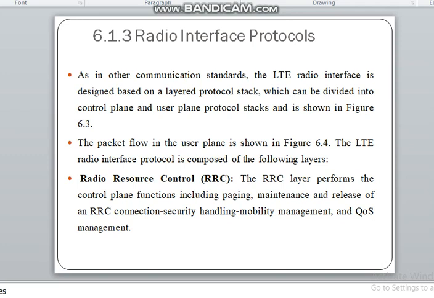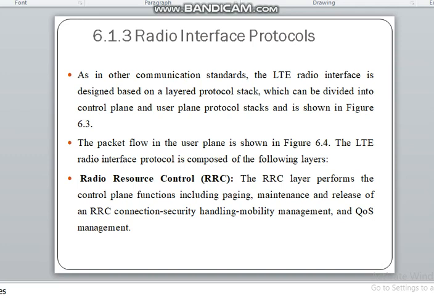The LTE radio interface protocol is composed of the following layers. First one is radio resource control, RRC. The RRC layer performs the control plane functions including paging, maintenance and release of an RRC connection, security handling, mobility management and quality of service management. When you switch on your mobile, it has to search for the network to which it has to register.